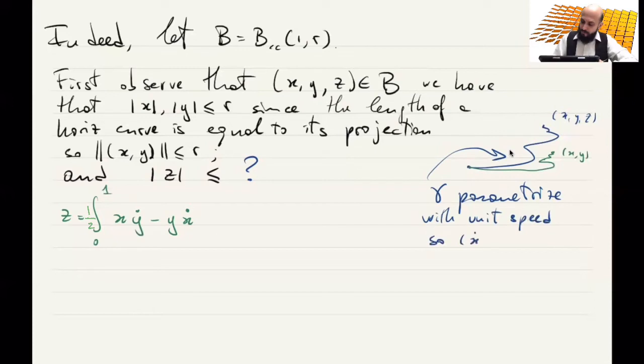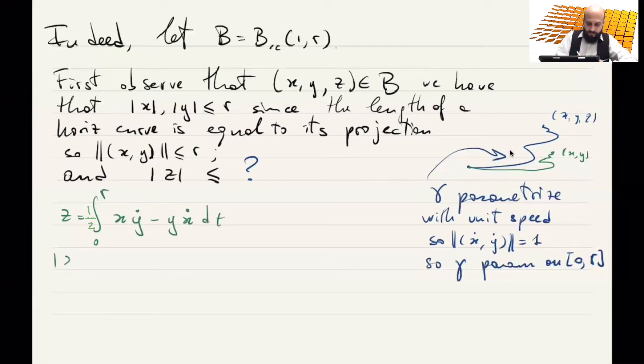So x dot, y dot in norm is equal to 1, and therefore gamma is parameterized on 0 to r. So here I don't have to put 1, but I have to put r, in dt.